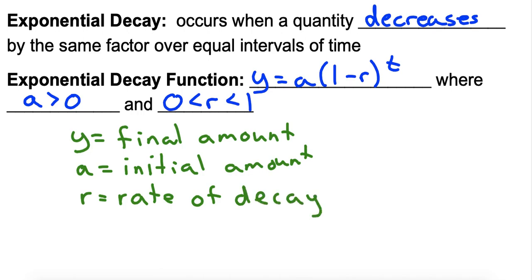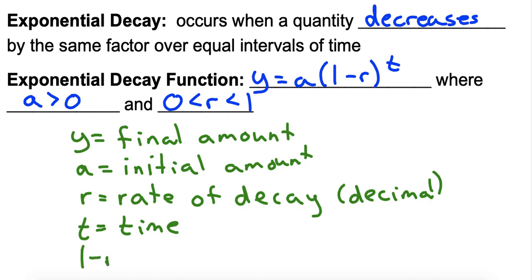And like before, we need to put it as a decimal. T is still our time. And when we combine the 1 minus r, that part is our decay factor. So the r itself is the rate, but the 1 minus r, or the 1 plus r, is the factor.